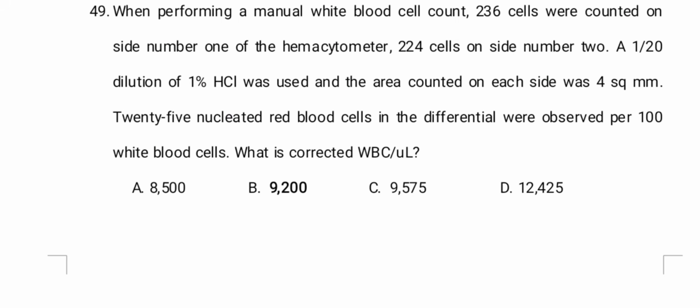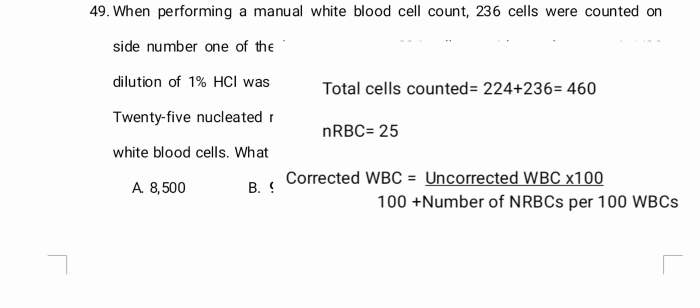So we can recall the formula for corrected WBC. The corrected WBC value will be uncorrected WBC times 100 over 100 plus the number of nucleated RBC observed per 100 WBC. So we're replacing in between.